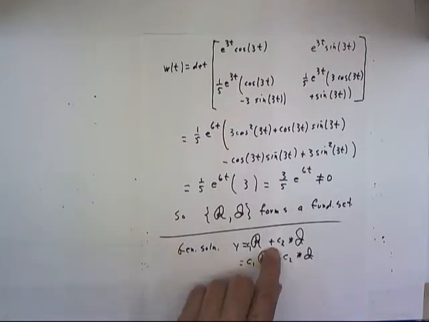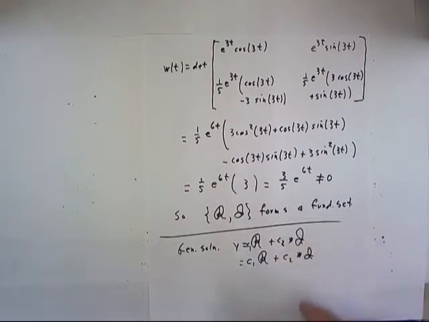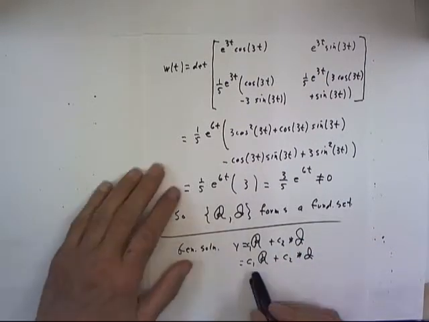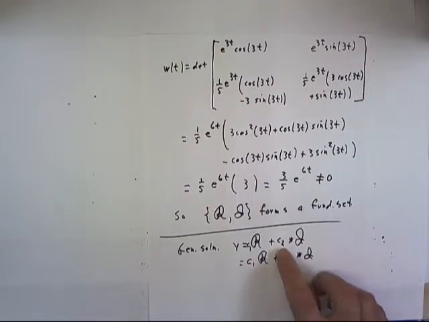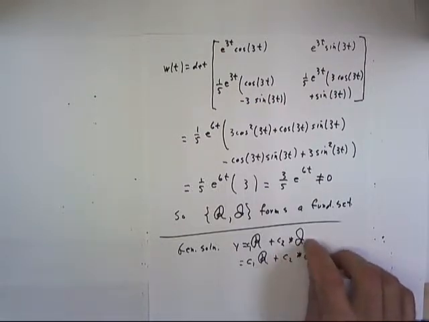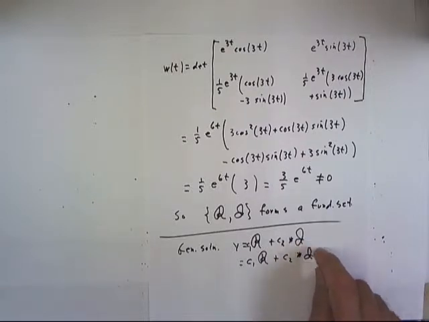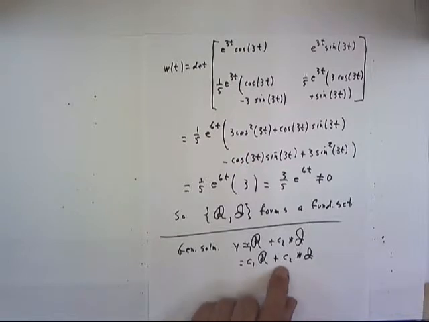We could have used C2 times i, the square root of -1, times script I, because C1 and C2 can be real, complex, or imaginary constants. So just by adjusting C2, we could have an i in this form, square root of -1, but it's totally unnecessary and redundant.